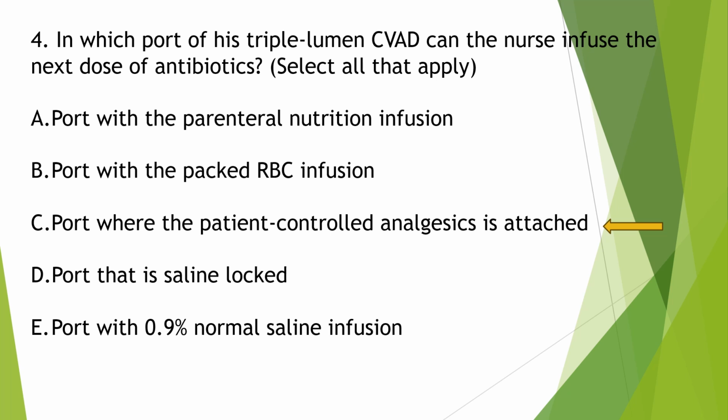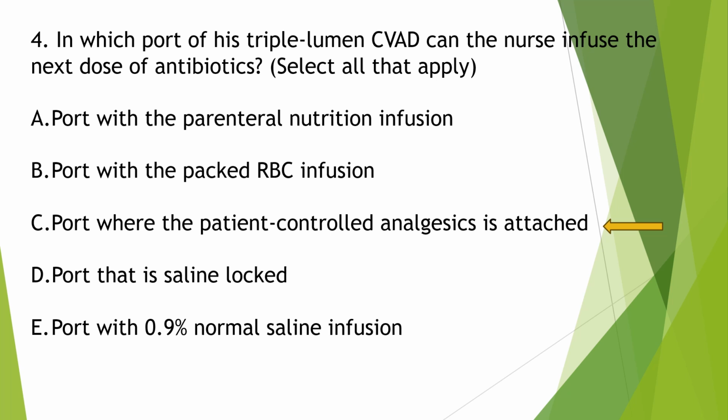Second one, if blood products are given through that port also we cannot give antibiotics. But the third one, the patient controlled analgesic is attached, means that is a way. If the antibiotic is compatible with the analgesic, we can infuse. We can temporarily stop the analgesic for some time and we can administer the antibiotic.